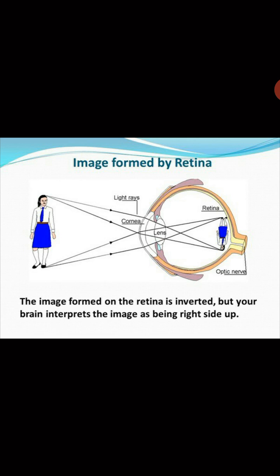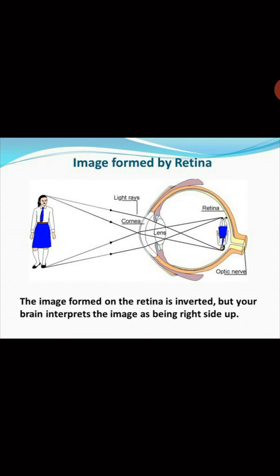Now, how is an image formed in a human eye? Let's see. See this diagram very carefully. If you are seeing a girl standing, the light rays from the girl come and reach the eye, and when they reach the lens of the eye, they form an image behind the lens.